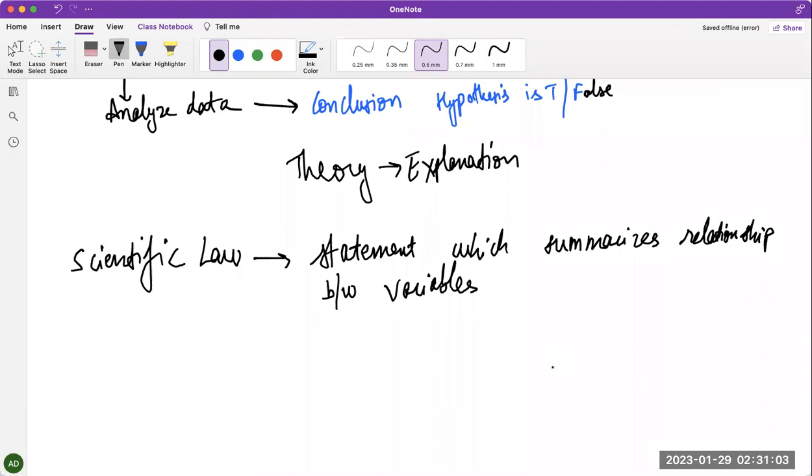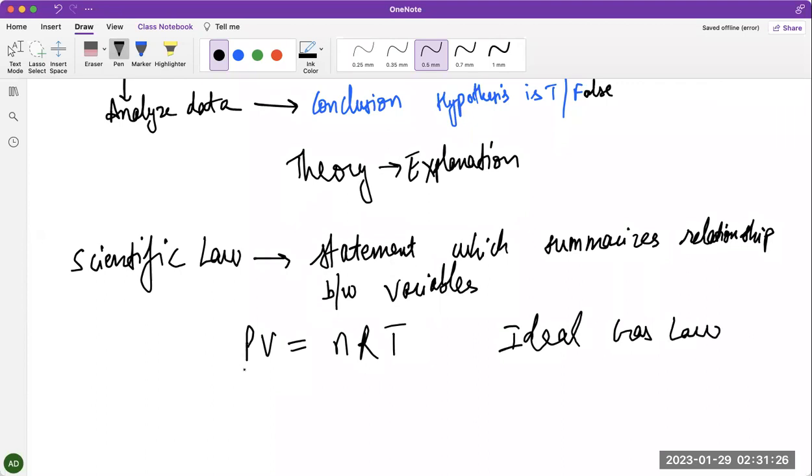So it is, again, just a statement. It is not an explanation. Theory is a detailed explanation. Law will just give you the relationship between the variables. For example, you will see a formula like PV = nRT, which is called the ideal gas law. Guys, this is a law, and you see all these variables. P stands for pressure, V for volume, n for moles, T for temperature. We haven't learned this yet, but don't worry.